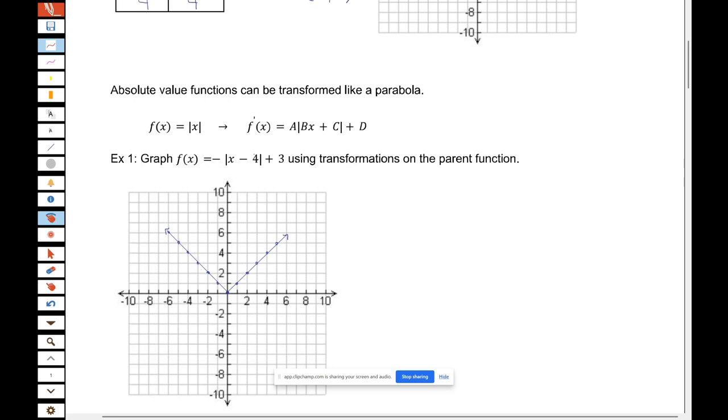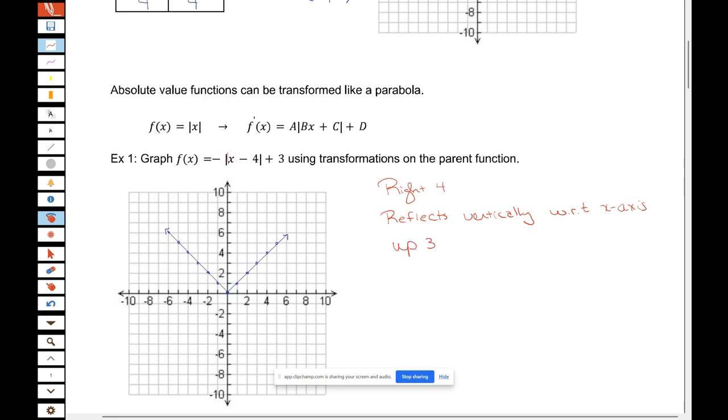C means it moves right 4. There's no B because B is 1. A is -1, meaning that it reflects vertically over the x-axis. And then the plus 3 means that it shifts up 3.